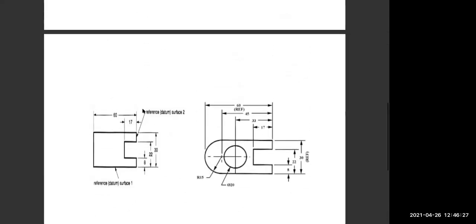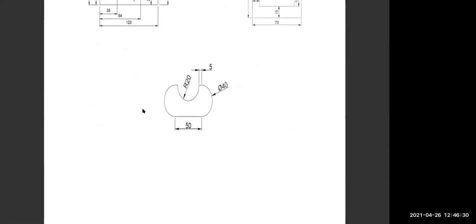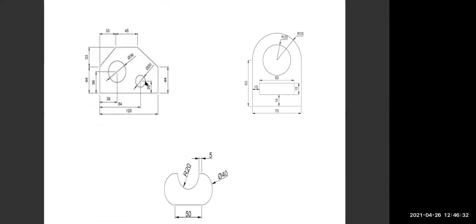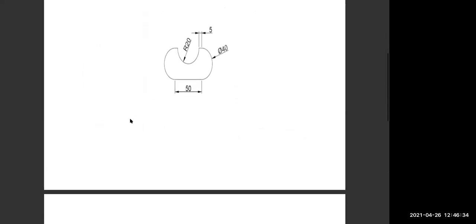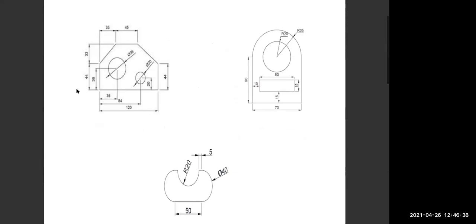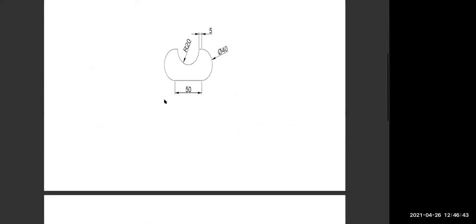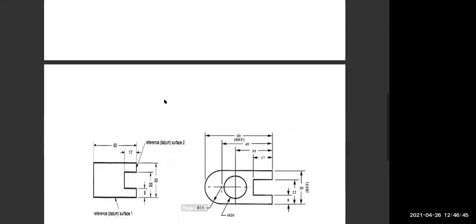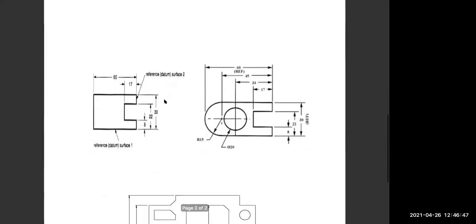In between, if you face any problem or difficulty, you can ask me, or I will explain every drawing in the next session. Today I have told you how to draw the first and second drawings. Likewise, in the next class, that is tomorrow, I will tell you how to draw the remaining drawings.